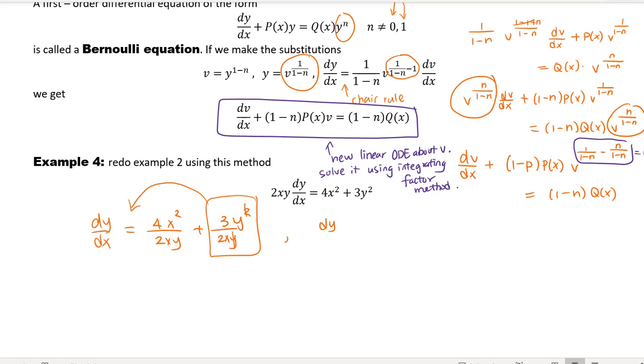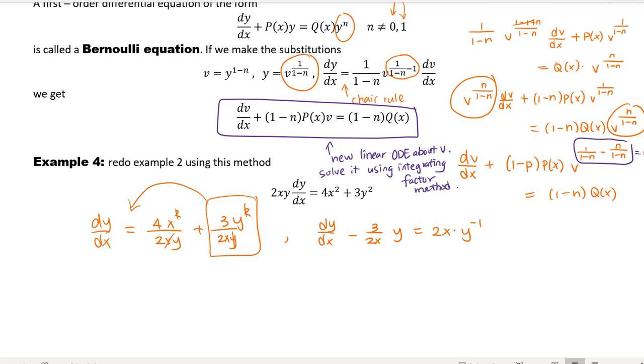We get dy dx minus 3 over 2x times y equals x cancel, so 4 divided by 2 is 2, so 2x times y to the minus 1. Okay, because we want to express in this form y to some power, so that's why we move it from the denominator to become y to the minus 1.